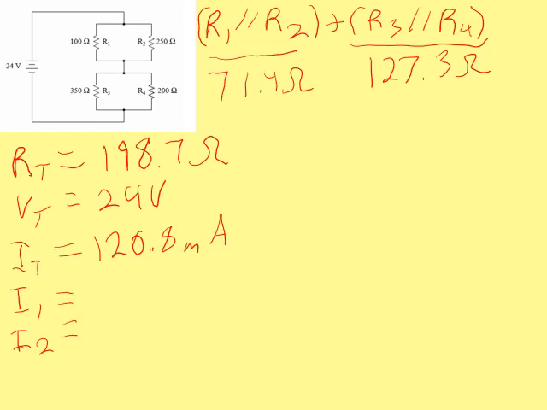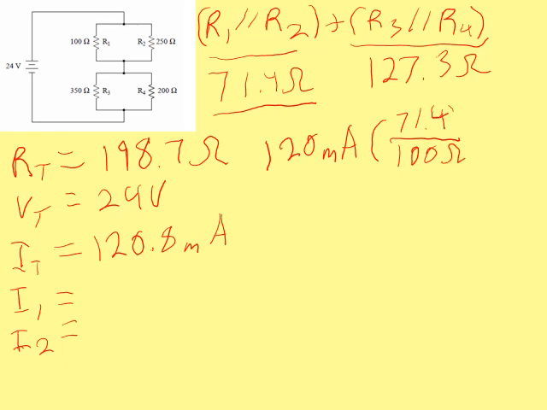For those calculations, we just use their branch total as our total, so we have 120 milliamps times 71.4 divided by, we'll do 100 first, 100 ohms. Put that in the calculator really quick.